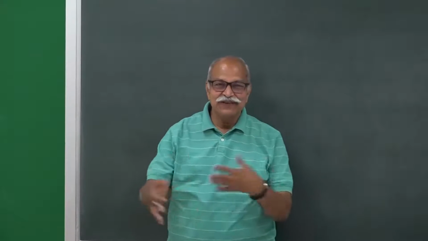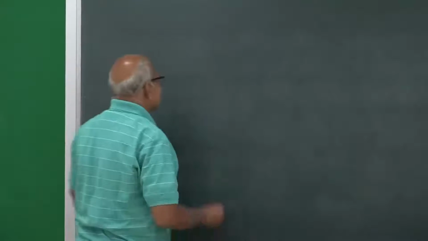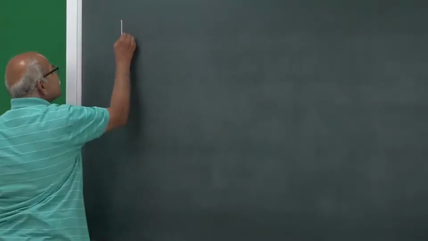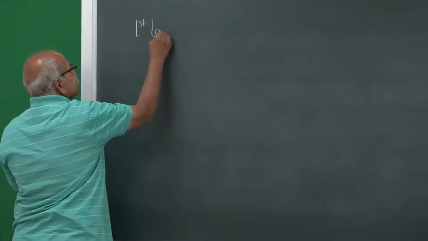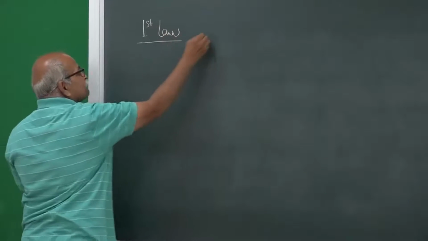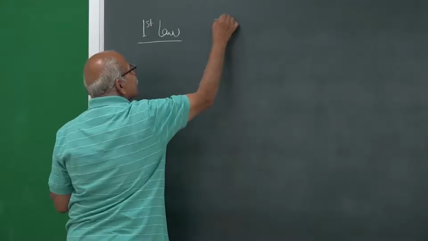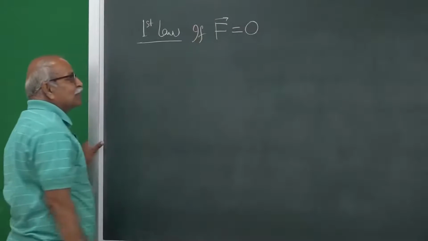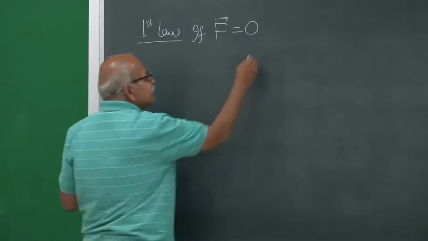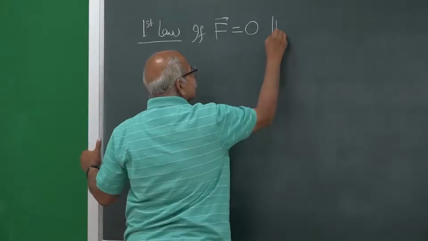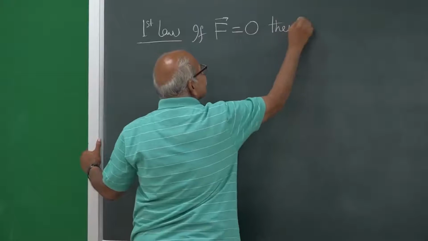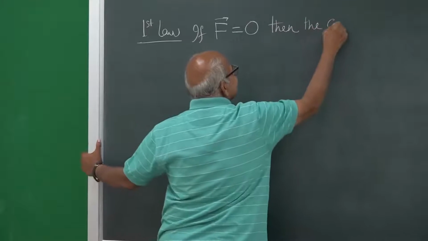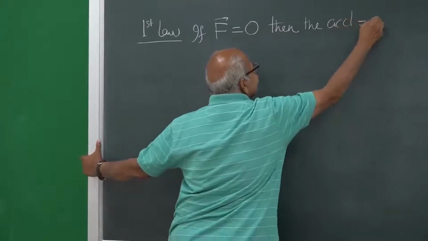In a variety of ways you can state the same thing, but essentially that is the first law, that if the force on a particle is 0, then the acceleration of the particle is 0.